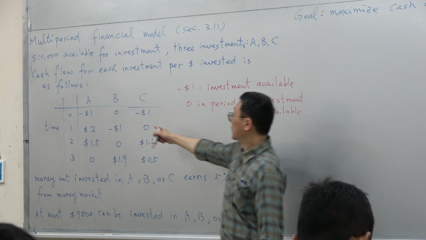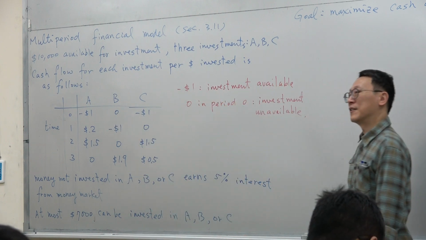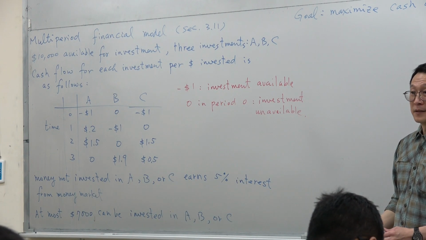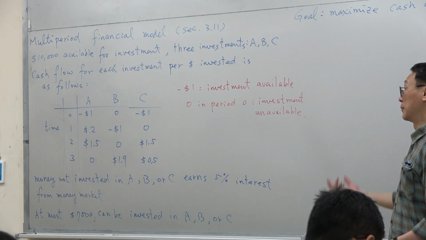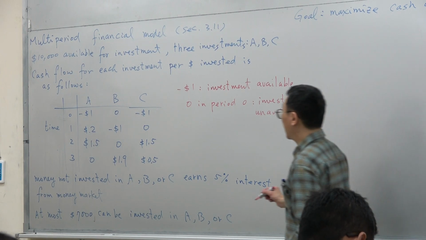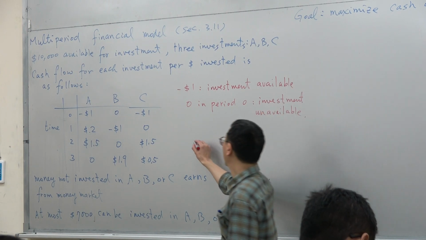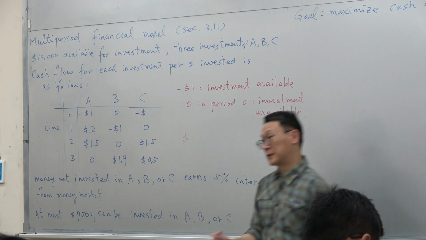The 0 indicates I cannot invest in B at period 0. Okay? And in the rest of the periods, we have some dollars.